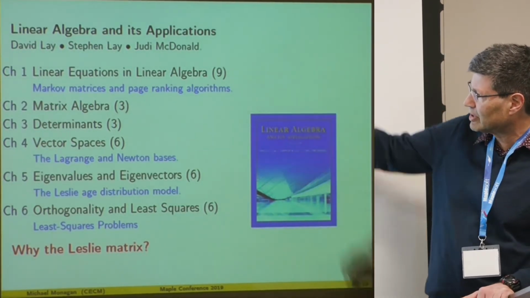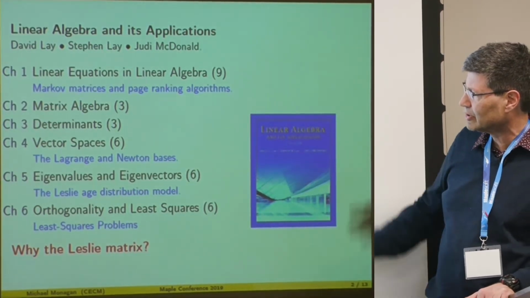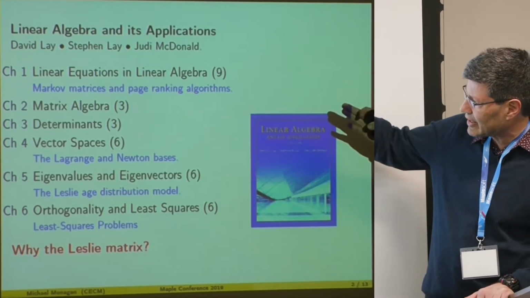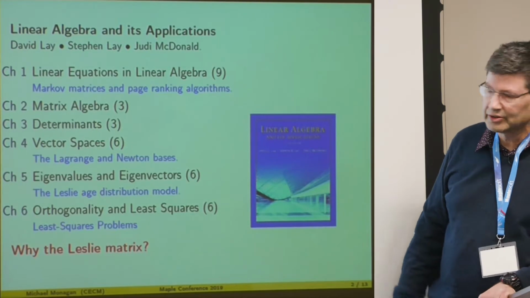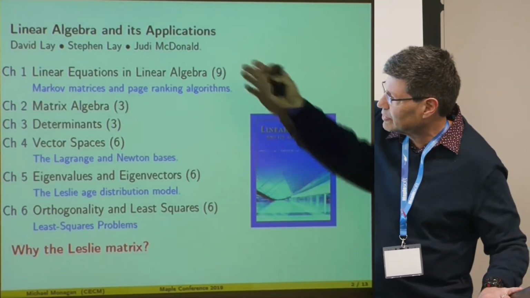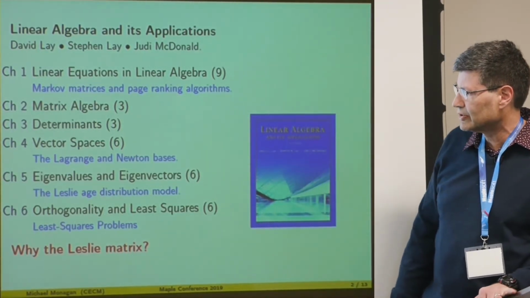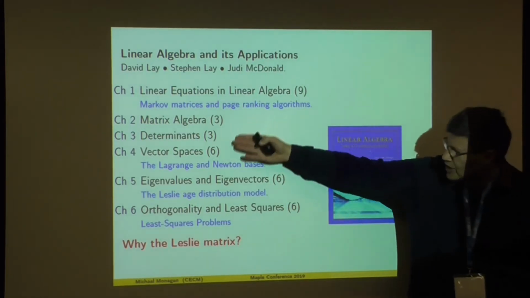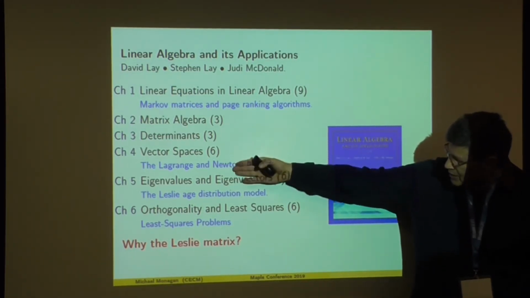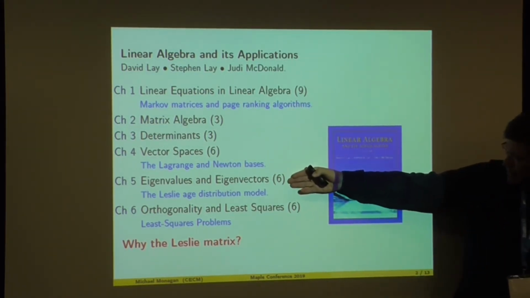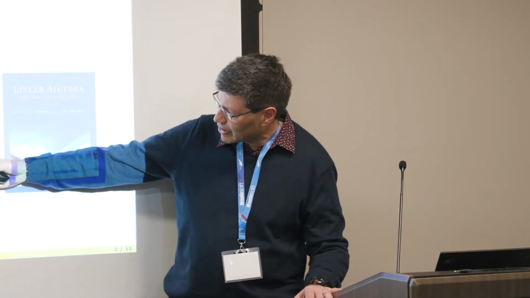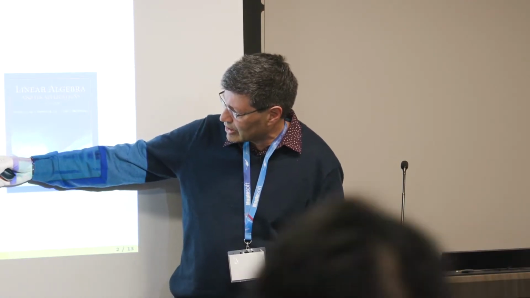The first chapter is linear equations in linear algebra, and in Lay's text, he has linear transformations at the end of that chapter. So it's a long chapter, so we're 9 lectures for that one. And then there's 2 relatively short chapters on matrices and determinants, a longer chapter on vector spaces, eigenvalues and eigenvectors, and the last topic in the course is orthogonality.